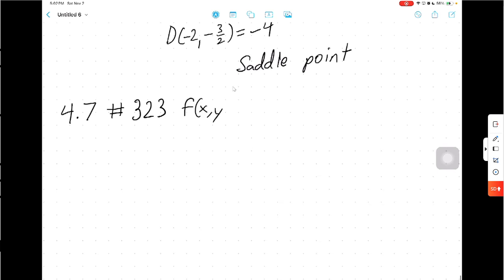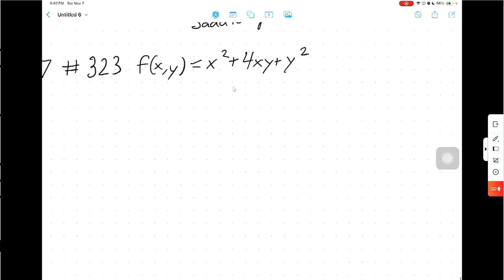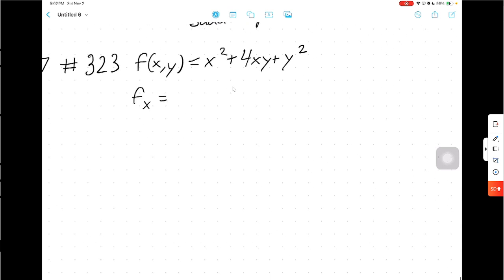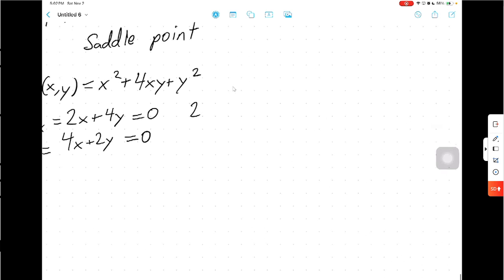F of x, y is equal to x squared plus 4xy plus y squared. fx is equal to 2x plus 4y, and fy is equal to 4x plus 2y, which are both equal to 0. So here we're going to do a substitution. Taking the first equation, negative 1/2 x is equal to y.